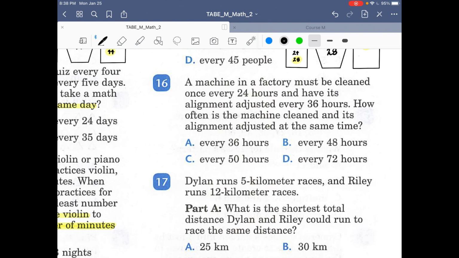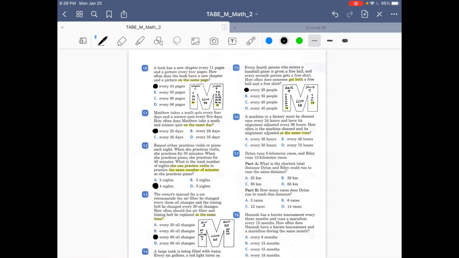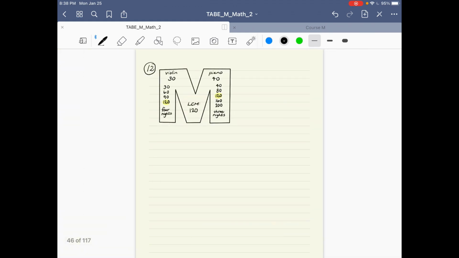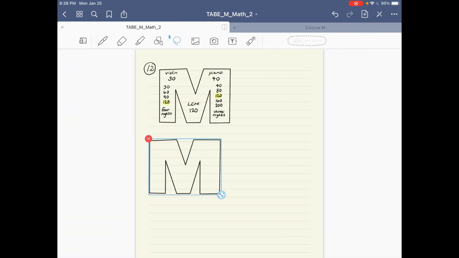A machine in a factory must be cleaned once every 24 hours and have its alignment adjusted every 36 hours. How often is the machine cleaned and its alignment adjusted at the same time? So I am not going to squeeze in an M. I'll just put it right over here.